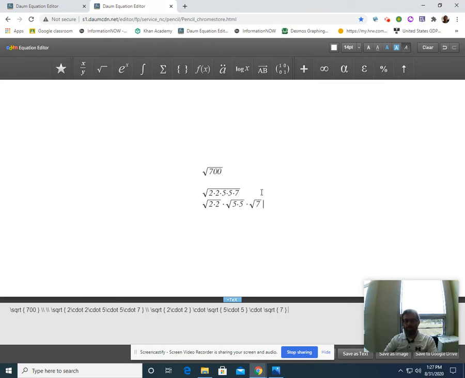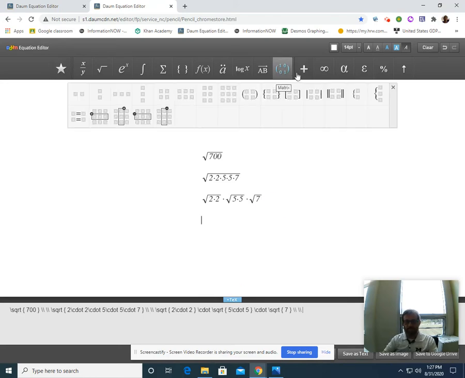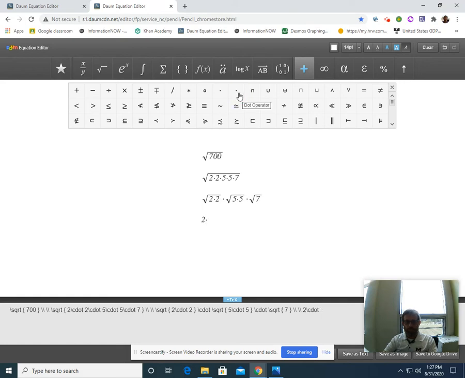Of course, the square root of 2 times 2 is 2, and the square root of 5 times 5 is 5. So the next thing you get is 2 times 5, and still times the square root of 7.